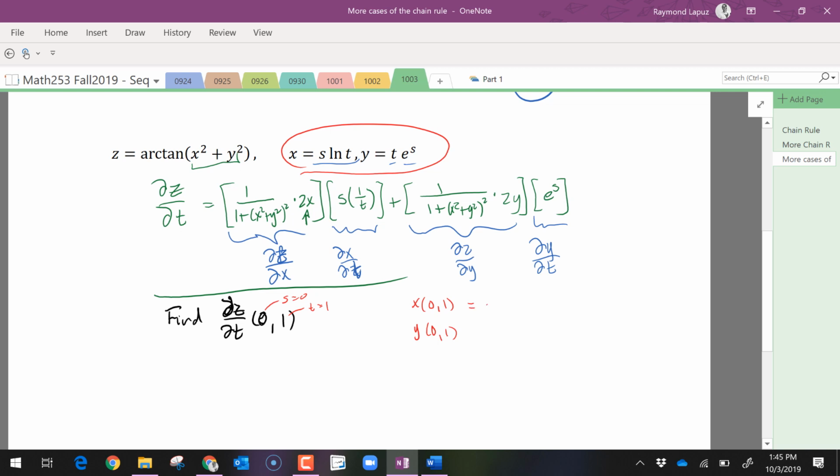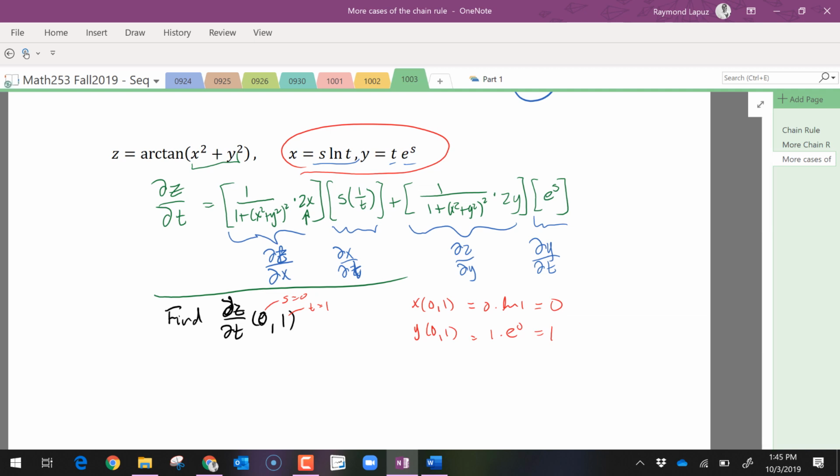So x is equal to 0 times ln of 1, that's just 0. And for y, it's going to be 1 times e to the 0, and so that is equal to 1. So it looks like x is equal to 0 and y is equal to 1.